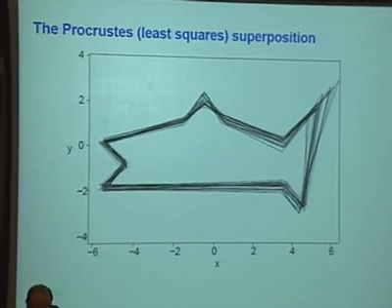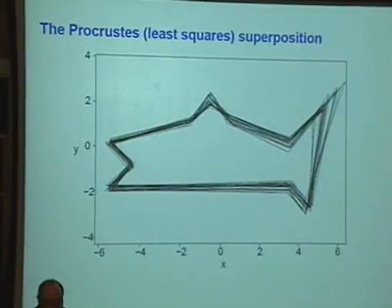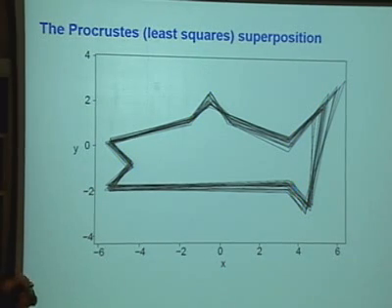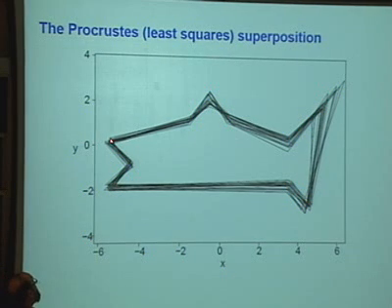And let's see. Here, if I do a Procrustes least squares superposition, I get the front end points rather closer together than they really were. I get the fins moving rather more than they really were, but some of these back points move too much. And that's because the least squares fit is trying too hard, in a sense, to fit the tips of the fins.